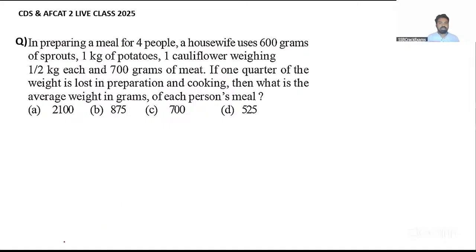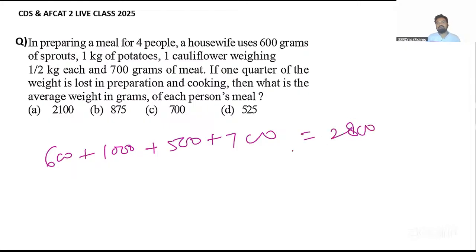Okay, so let's add 600 grams plus 1 kg, it means 1000 grams, plus 500 grams plus 700 grams, is equal to 2800. Am I right? And in preparation, one quarter of the weight is lost.